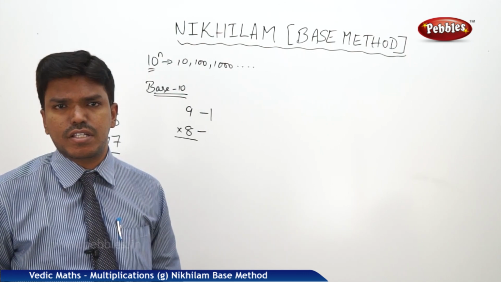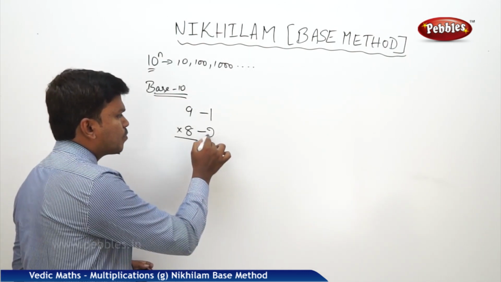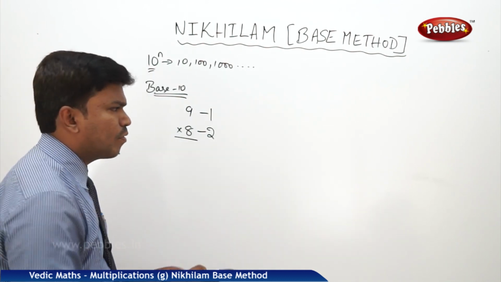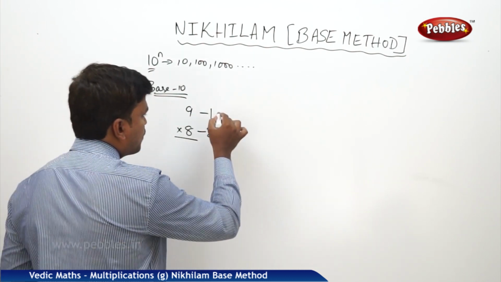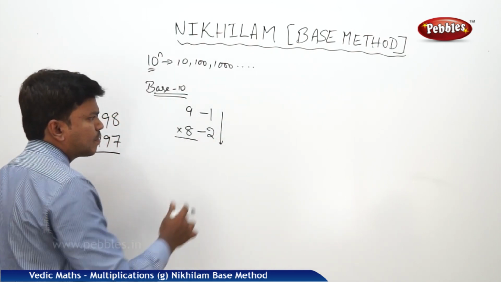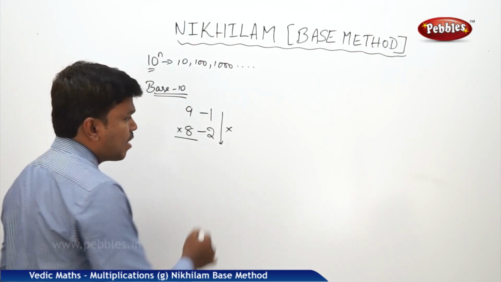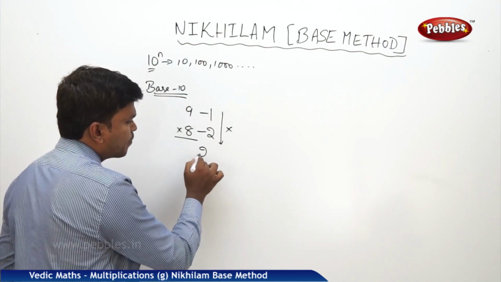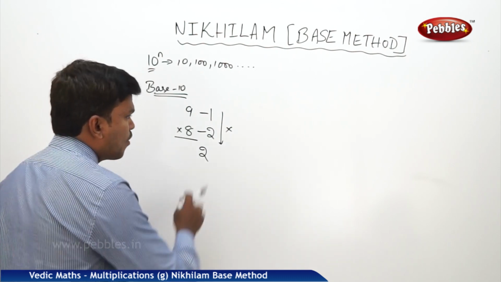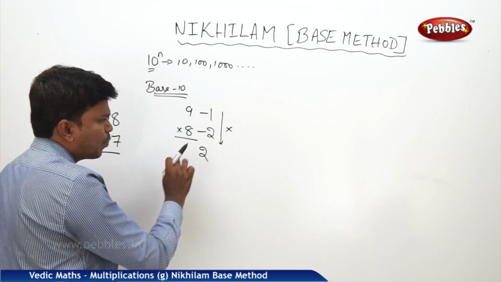Now how much less than 10? 2. Now see here, first you need to multiply the deficient numbers, that is minus into minus, plus. 1 into 2 is 2.